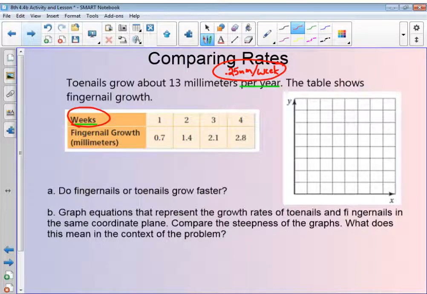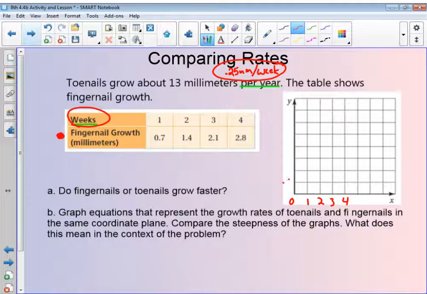So I'm going to do my fingernail growth in red. Okay, so fingernails we'll do week 1, 2, 3, 4. This is 0. And I'm just going to do each box worth 0.5 to try and make it a little bit easier for us to see the change.